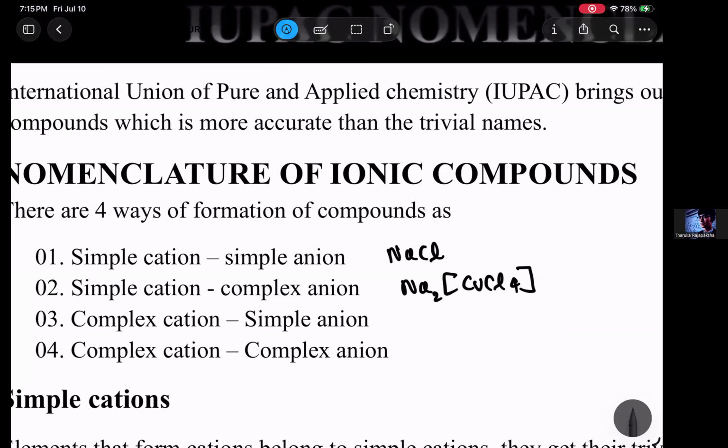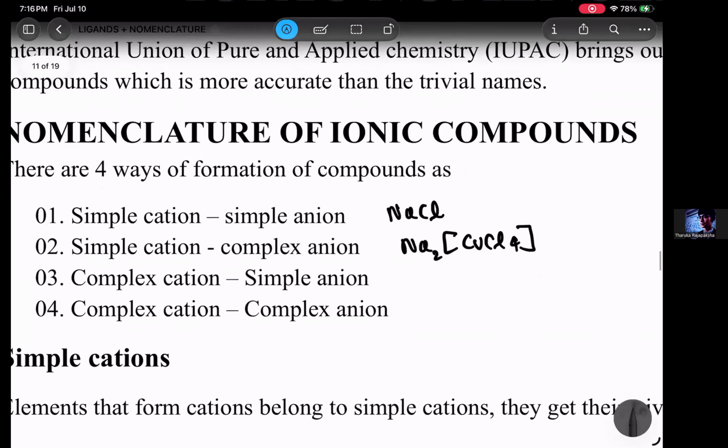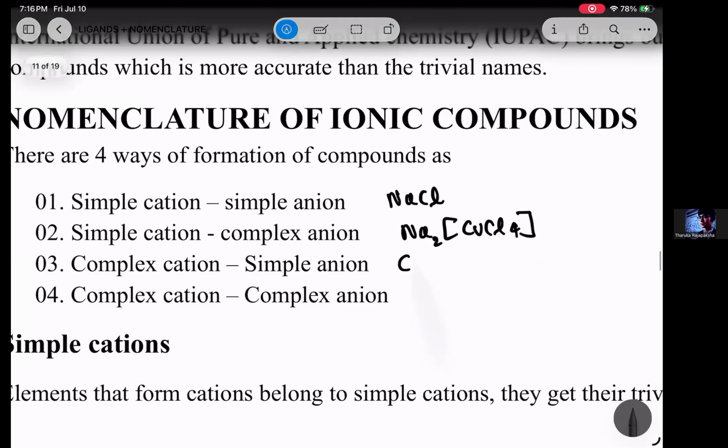A complex anion is ligands coordinated to a d block element and then you put it inside a bracket and then you have a complex anion. Then the third one, you have a complex cation and simple anion. For example, something like this: copper, ammonia, 4, Cl2. So this is a complex cation and a simple anion. And then finally, complex cation and complex anion. You can have both of them together.